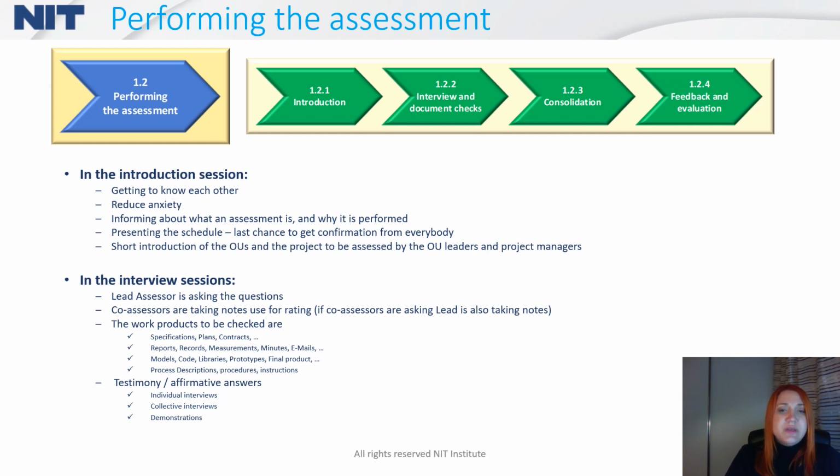There is no possibility to make a report of the assessment. It means that co-assessors or the people who are taking the notes must have very precise statements. What are the objectives and what are the key weaknesses which are discovered in the interviews?